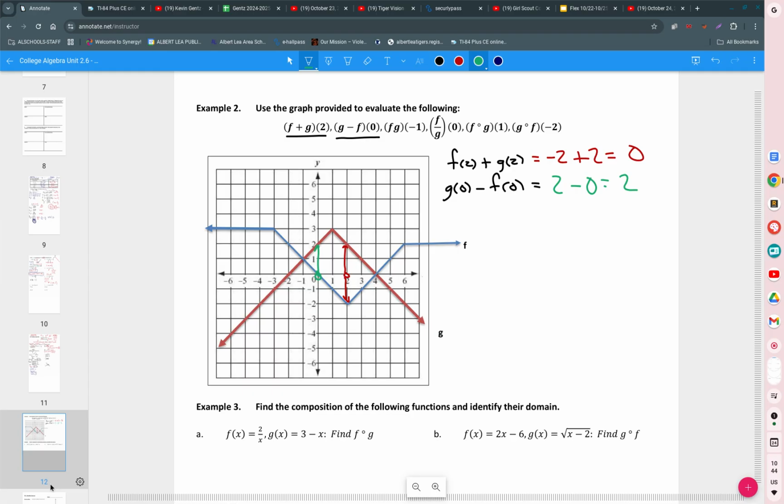I'd like you to try the next two on your own: f of negative 1 times g of negative 1, and f of 0 divided by g of 0. Please try those two. See if you can come up with the correct answers.